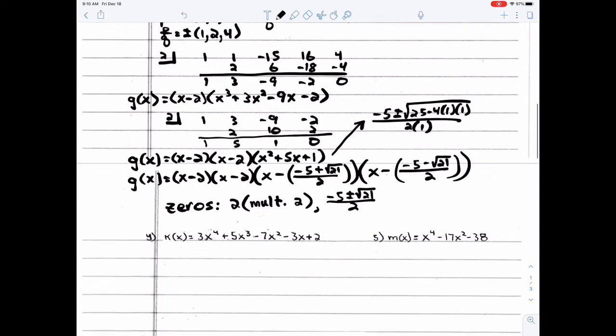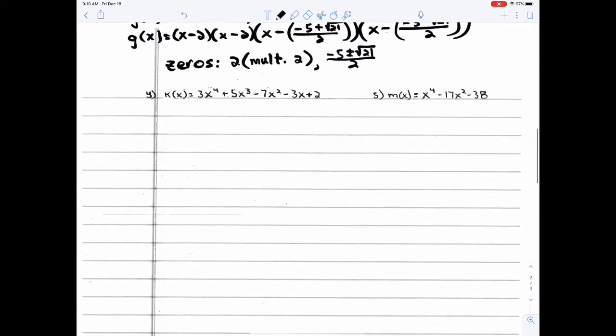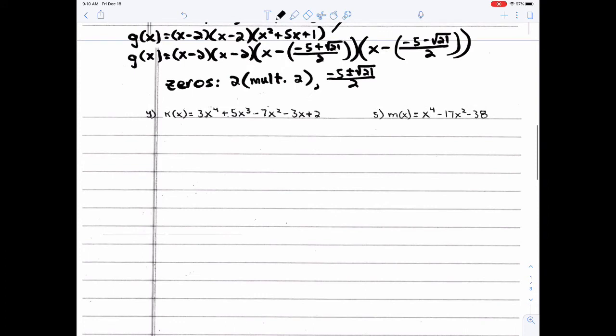Okay. Whoa, looks like I've given myself some room here on this one too. So this one's probably going to be kind of long. Okay. So let's take a look at the P over Q list. So P is going to be plus and minus, so we tried this by inspection, it didn't work. So P is going to be plus and minus 1 and 2.